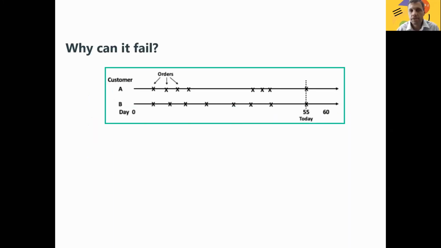However, this approach isn't very accurate, because users in practice can have different behavior. For example, the orders of one user look like this. So this is time, and these are moments of time when a user orders some goods. And for another user, the behavior is like this.